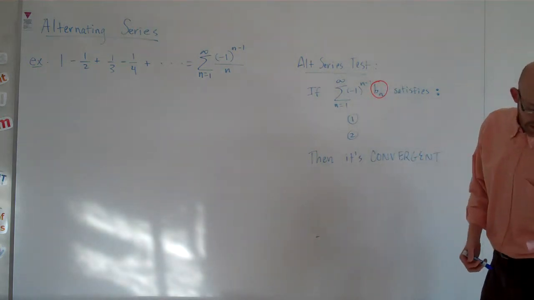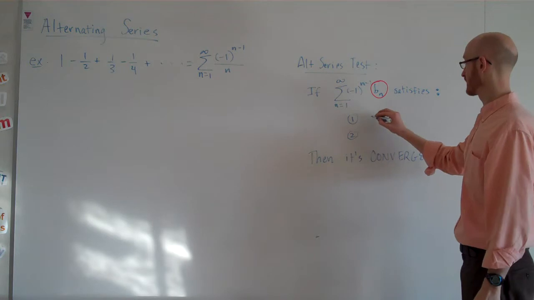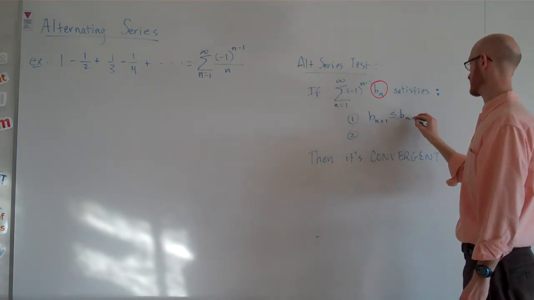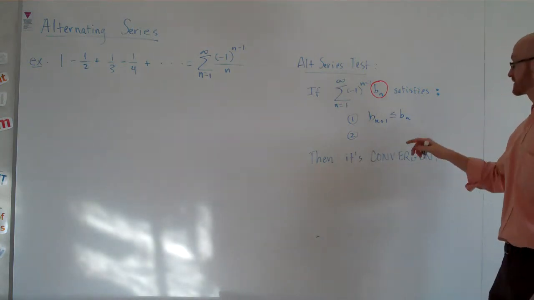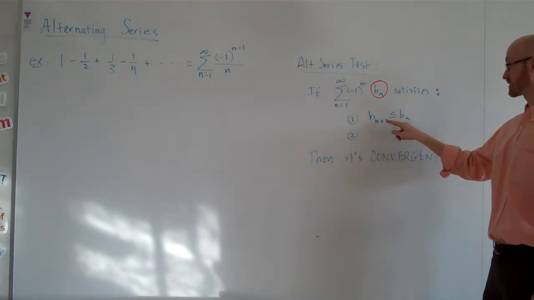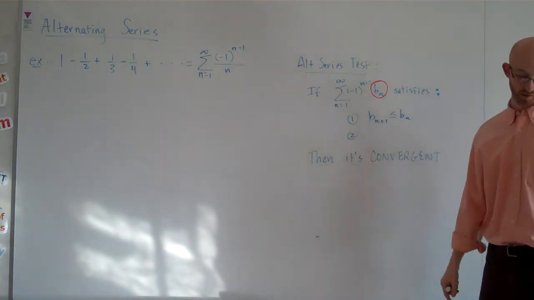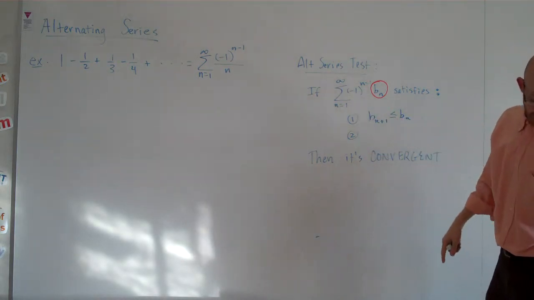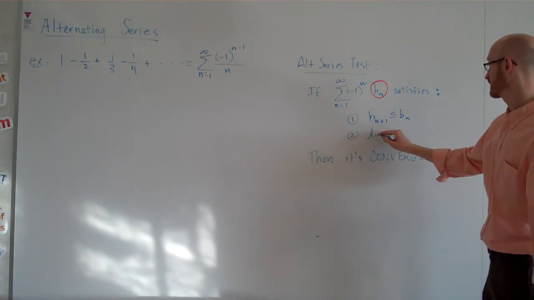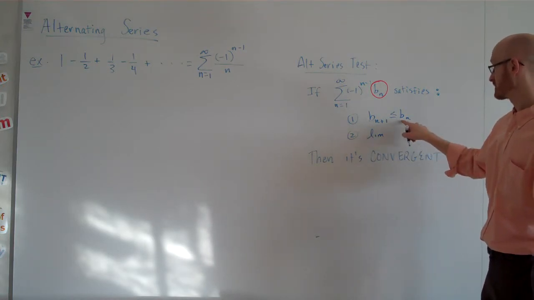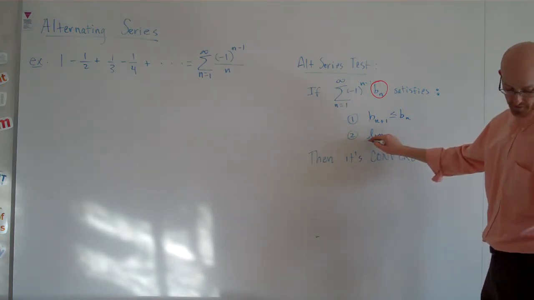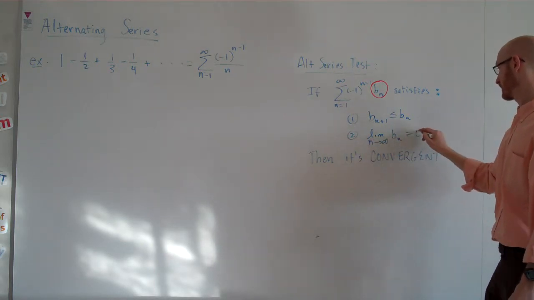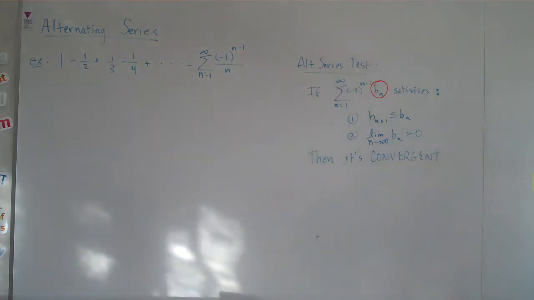If two things are satisfied, then the series converges. One, b sub n plus 1 is less than or equal to b sub n, which means the next term is always smaller than the one before it in your sequence, excluding the alternating part. And the second part is, not only does each one have to be smaller than the one before it, but they must go to 0 as well.